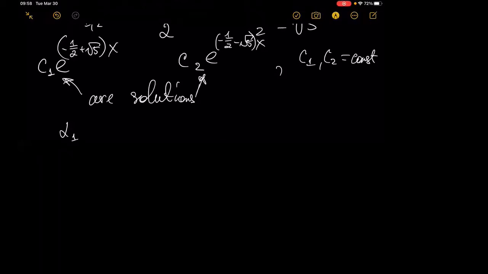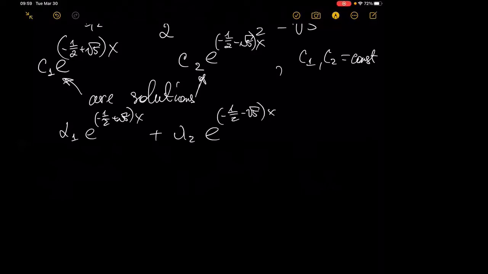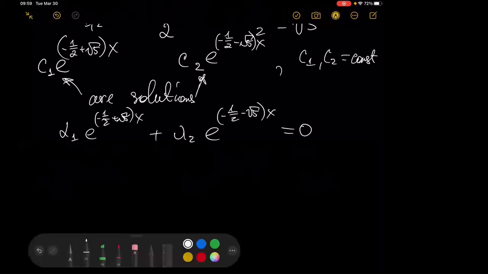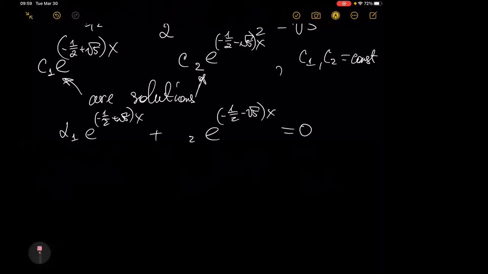Alpha 1 e to the power of minus 1/2 plus square root of 5, x, plus alpha 2 e to the power of minus 1/2 minus square root of 5, x equals 0. We need to show that the only possibility for this to be true is when alpha 1 and alpha 2 are equal to 0.